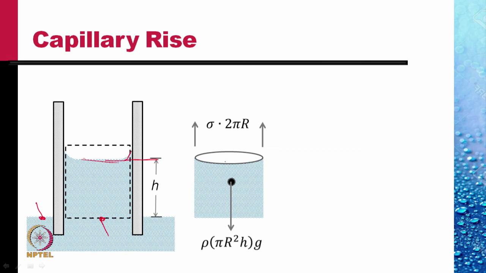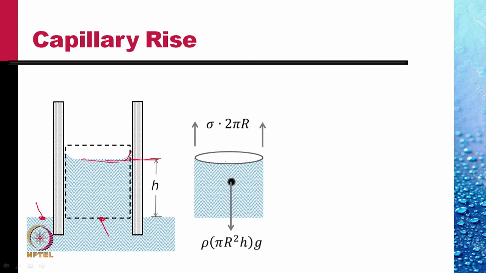We have not shown the other forces. The weight of this column of liquid would be the density times the volume of the liquid, which is pi r square, the cross section, times the height h, times g.